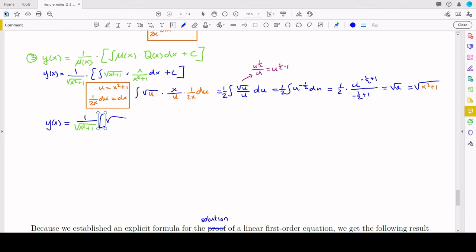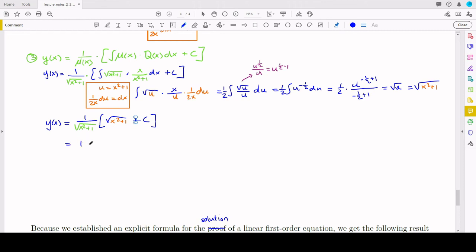So I'll write that here. And then we still had that constant c. And now you see when we distribute this, these two cancel.